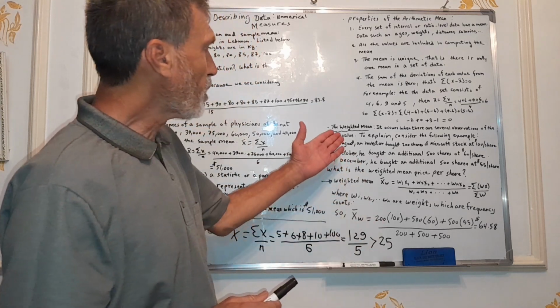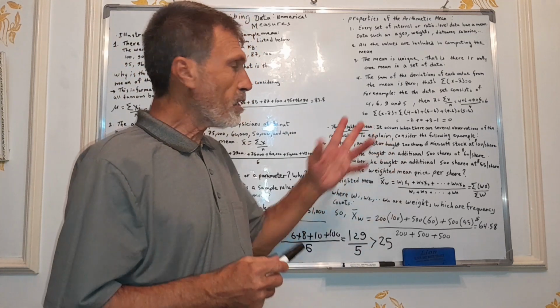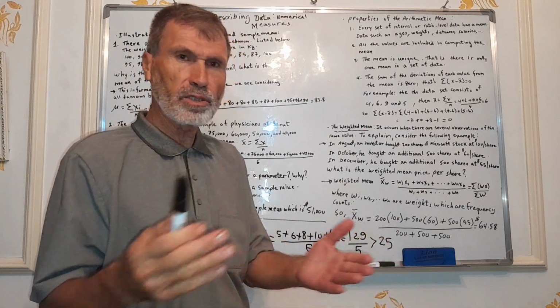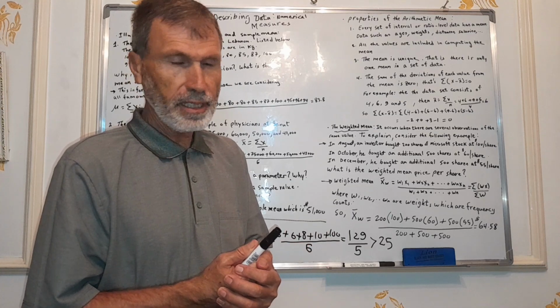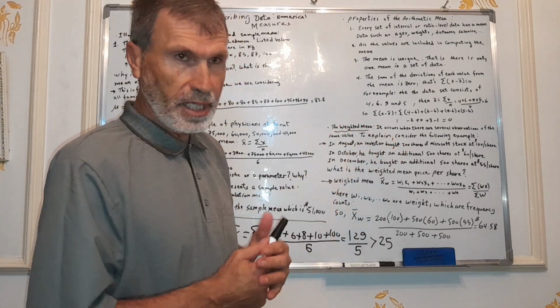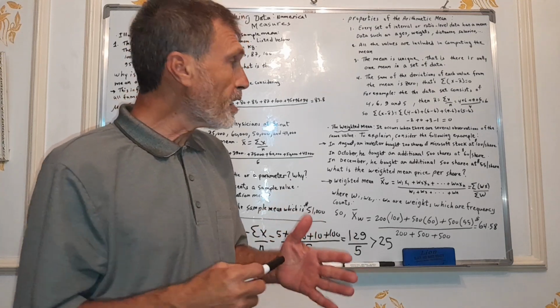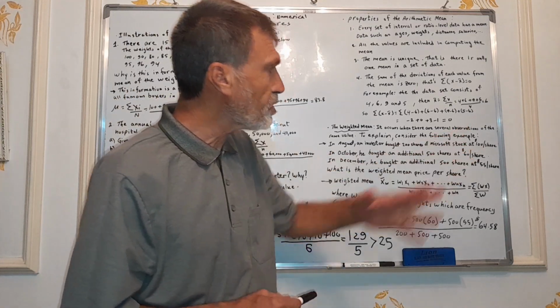Now, we move to the weighted mean. Remember that the weighted mean is a special case of the arithmetic mean, whether the sample or the population mean. It occurs when there are several observations of the same value.